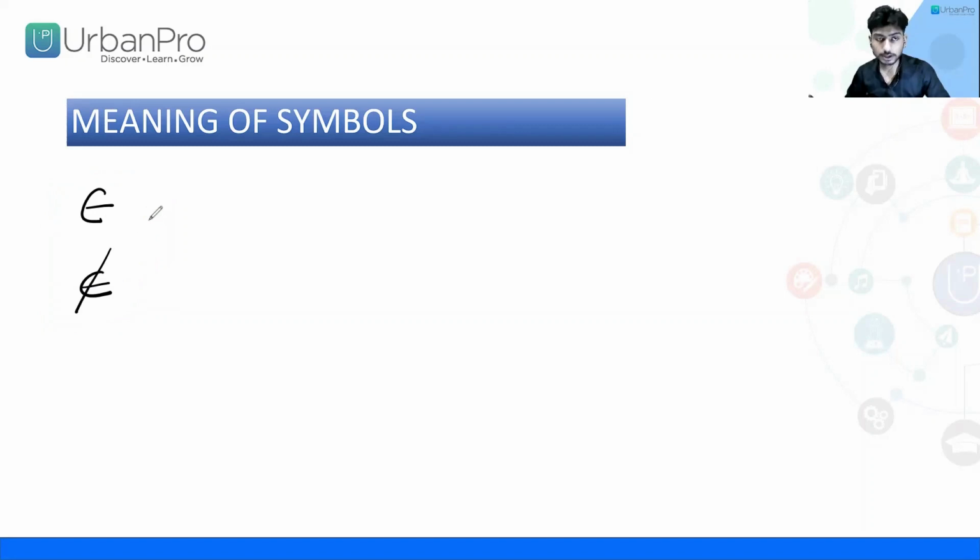Now we will understand it by an example. I have given a set A: 1, 2, 3, 4, 5. If an element or object is a part of this set, we will use this sign, which means belongs to. Just write it down on the copy: belongs to.